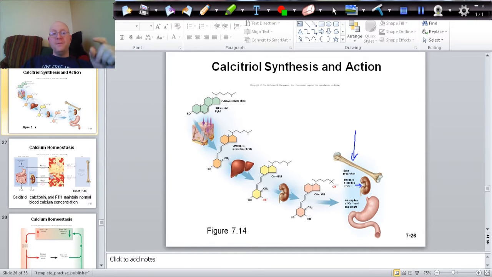So, if vitamin D is released into your bloodstream, then osteoclasts are going to pick up on that vitamin D, and they're going to increase their activity, thus dissolving bone off of bone surfaces, like spongy bone or the surface of compact bone, which is a little bit counterintuitive.